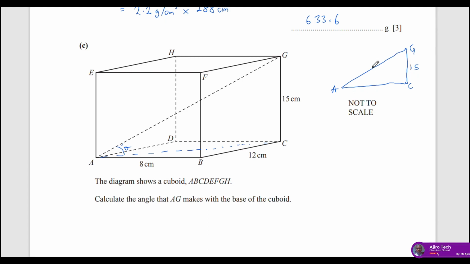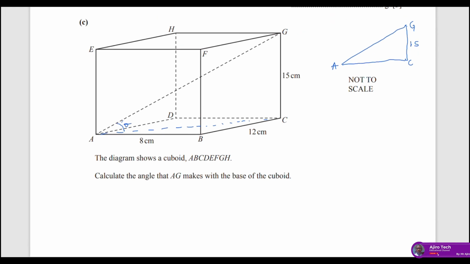Now, how do we get line AG? Line AG should be the hypotenuse of that triangle, but in the cuboid, it's the longest diagonal. How do you solve the longest diagonal? It should be the square root of the squares of each dimension: 8 square plus 12 square plus 15 square.